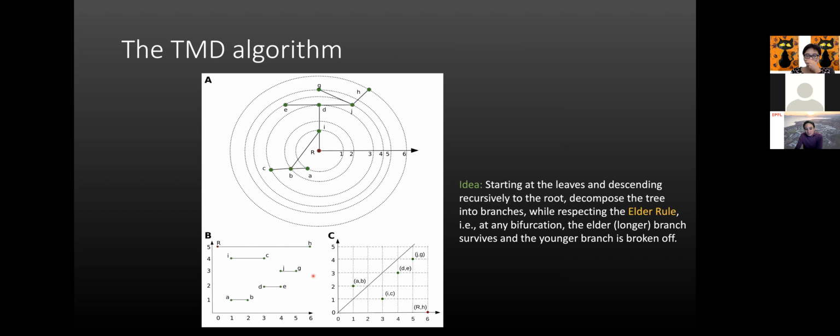Then one can take this barcode and translate it instead into what's called a persistence diagram, where each interval is recorded now as a point in the plane, given by its coordinates. There's one point here that is above the diagonal. That's because here the leaf was actually closer to the root than the bifurcation point was.